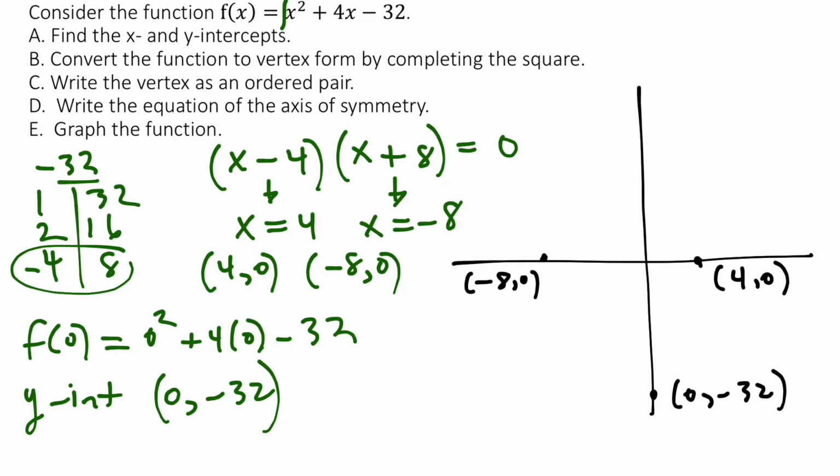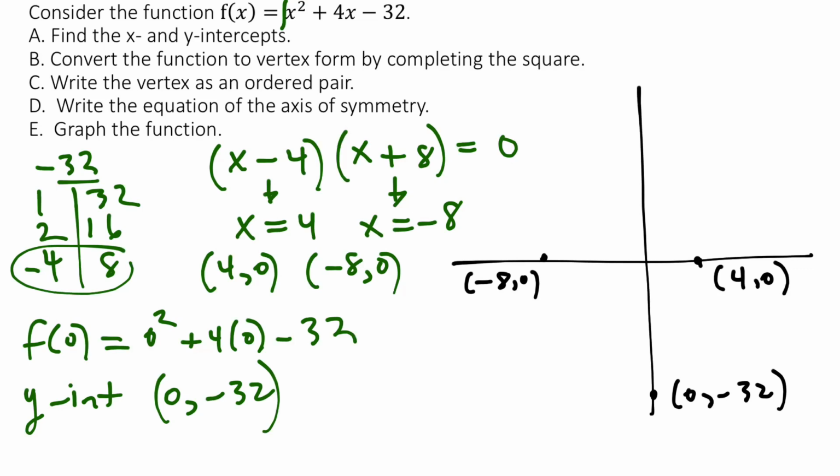Okay, so you would probably want to make a much neater graph than this. All right, now let me redo that a second. Okay, I'm not going to graph it yet because I want to show you how to find the vertex from vertex form so we can practice completing the square.